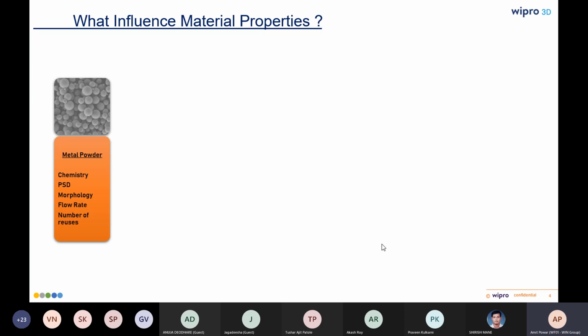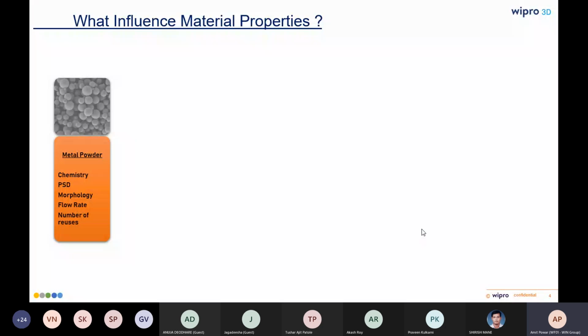But other than that, if both are similar, the third parameter which comes into the picture is morphology. Along with PSD and chemistry, morphology also needs to be spherical. I'll show you some images from which you will get an idea of how the morphology of the powder can be assessed.